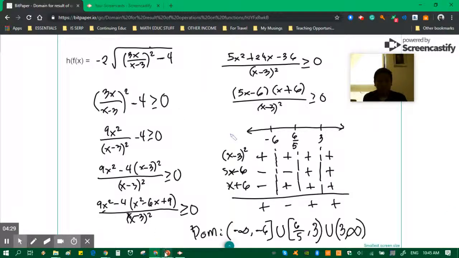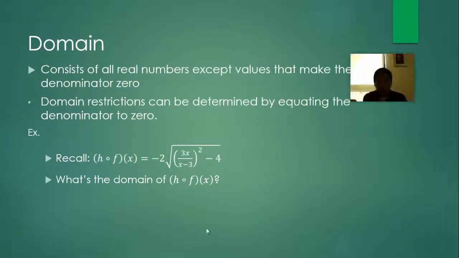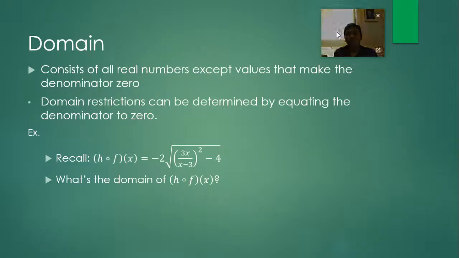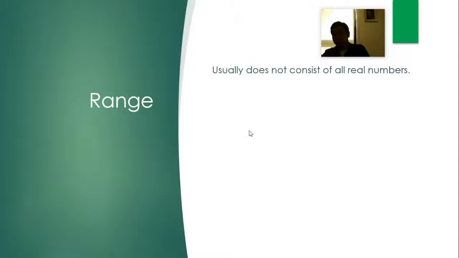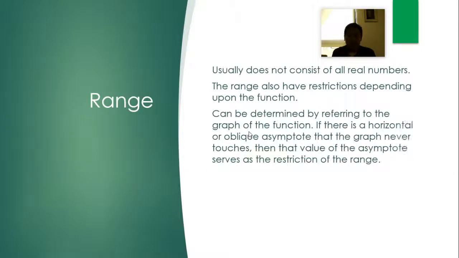Now, let's go back to our presentation here. So continuing, again, that's how we determine the domain of h of f of x. And because our domains are restricted for rational functions, range is restricted as well.